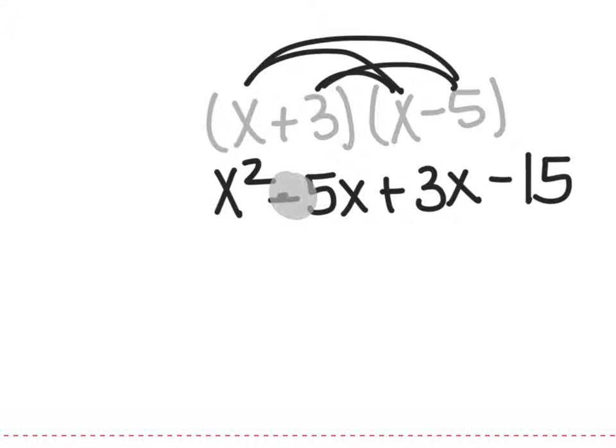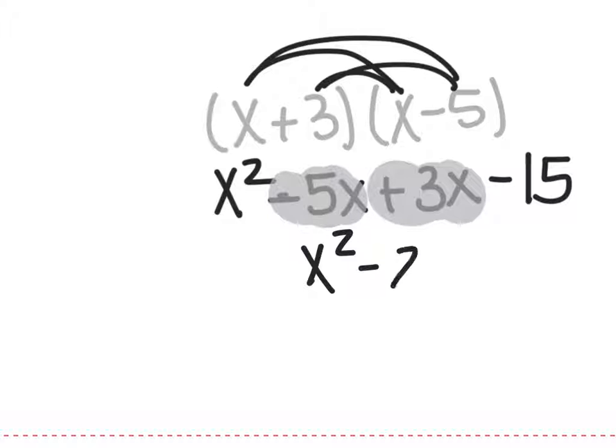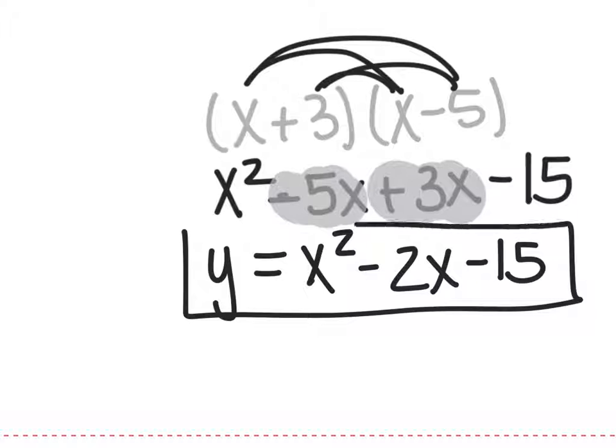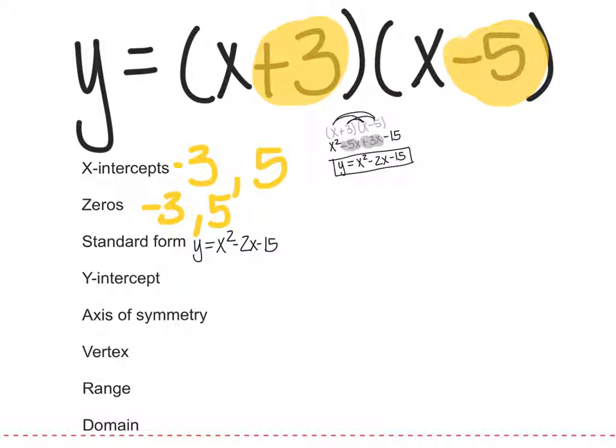I can combine my negative 5x and my positive 3x, which gives me x squared minus 2x minus 15. I'm going to set that equal to y, because that's what my original equation was equal to, and this is my standard form.